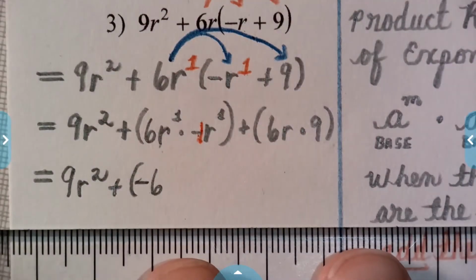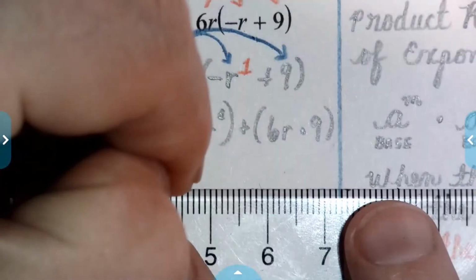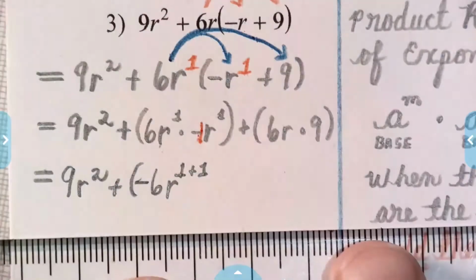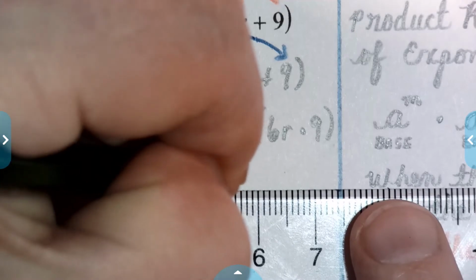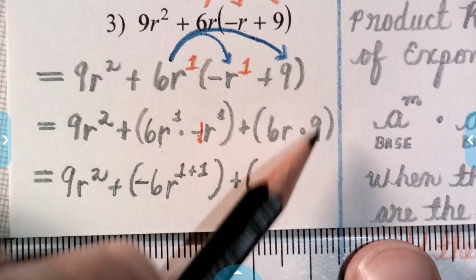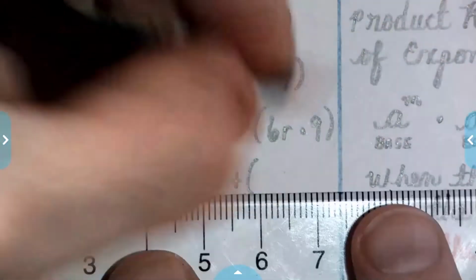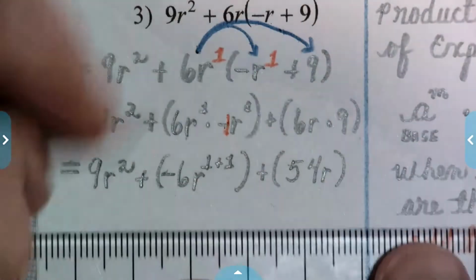And then r raised to the power of 1 plus 1. Okay, plus. And now here I have 6r times 9. Well, 6 times 9 is 54, so 6r times 9 is 54r. So I'm just going to write 54r. Okay, we're moving right along.